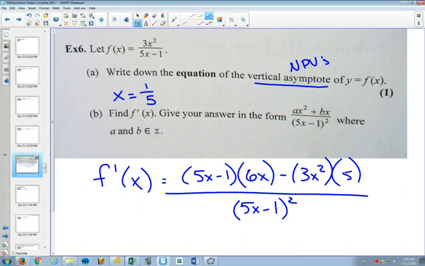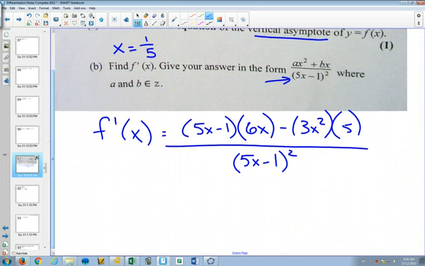the nice thing about the derivative this first time is we've already got the bottom in the right form. Now it's just a matter of simplifying the top, so we're going to have to expand some things here, combine our like terms.